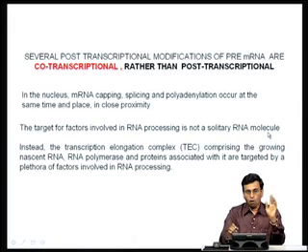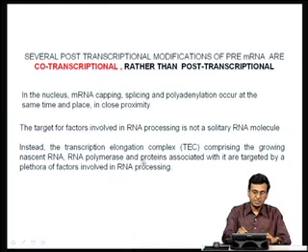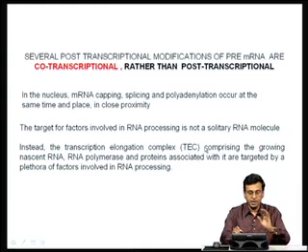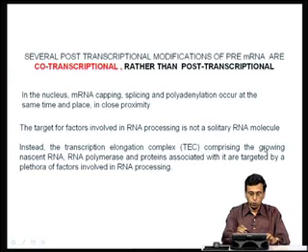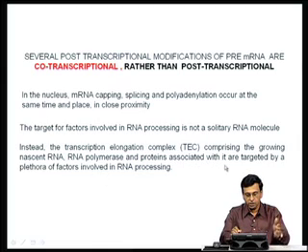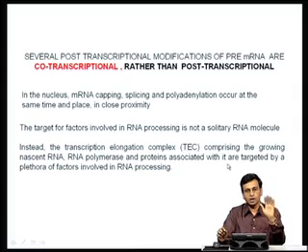Remember, all these processes target not just RNA, but a multi-protein, multi-ribonucleoprotein complex, which is called the transcription elongation complex. This transcription elongation complex, abbreviated TEC, is the target for all these machineries, and it comprises the growing nascent RNA molecule, the RNA polymerase and the proteins associated with it. All these are targeted by the splicing machinery, capping machinery and polyadenylation machinery to finally bring out a mature messenger RNA molecule.